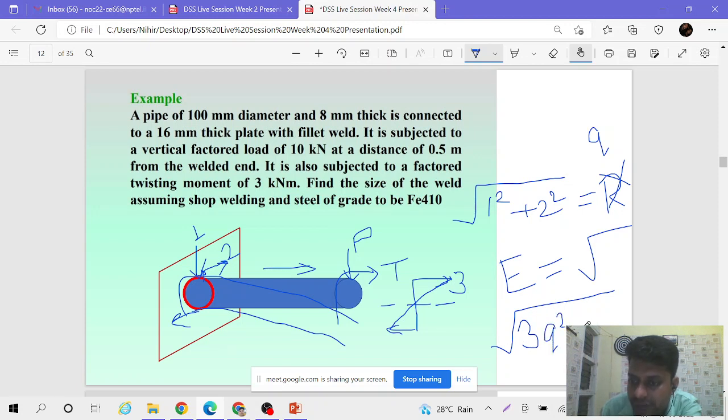Q square plus, because of the bending, let us not call it 3, call it by the familiar term FB, the stress due to bending. So we are getting one more term, FB square. Is it clear?